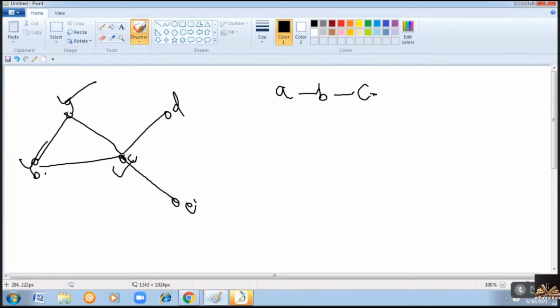After C, you can go to D or E. If you go to D, you are unable to visit E. If you go to E, you are unable to visit D. And you are unable to come back to the starting vertex. So you are unable to visit all the vertices and unable to come to the starting vertex. Therefore, this is not a Hamilton graph.